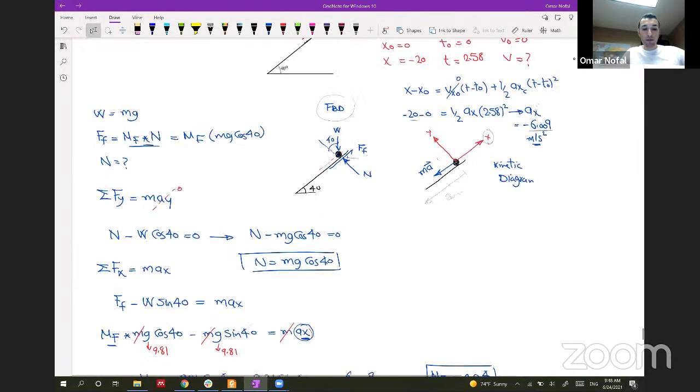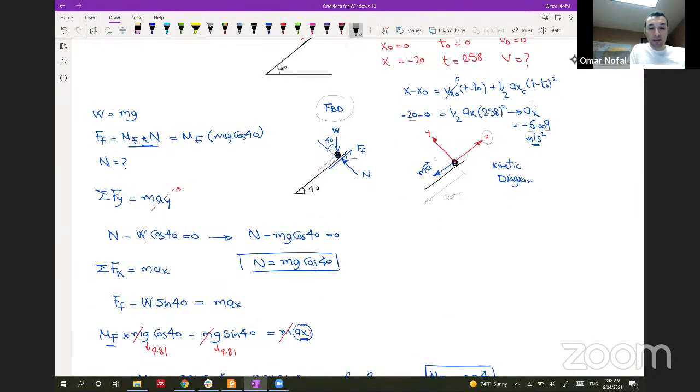And when we use this value in the summation of Fx equals max, I should put a negative here. But this might confuse you: you got ax from here as negative, and when you have a negative here, you'd say it will be positive, but it's not, because here the direction is included in the magnitude. So you should know that ax should be negative.